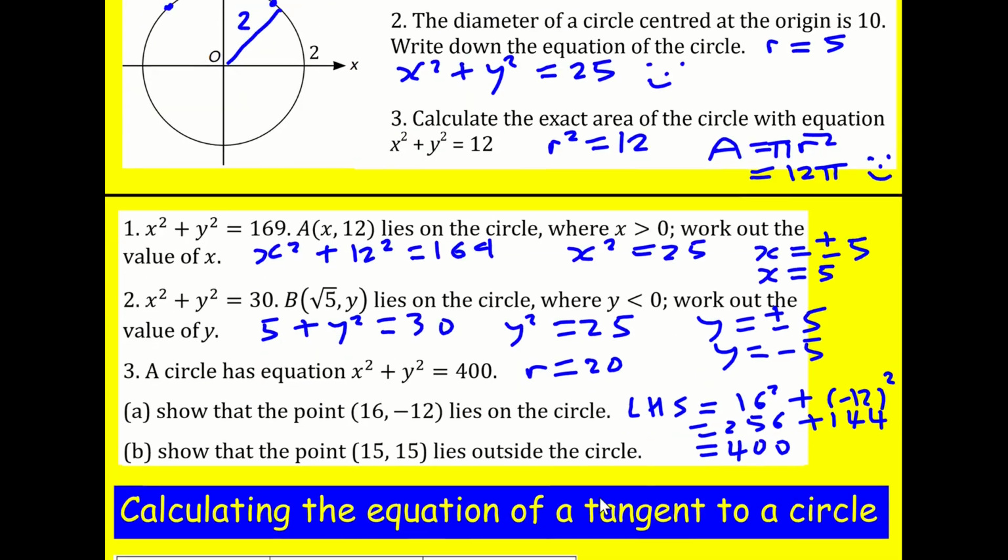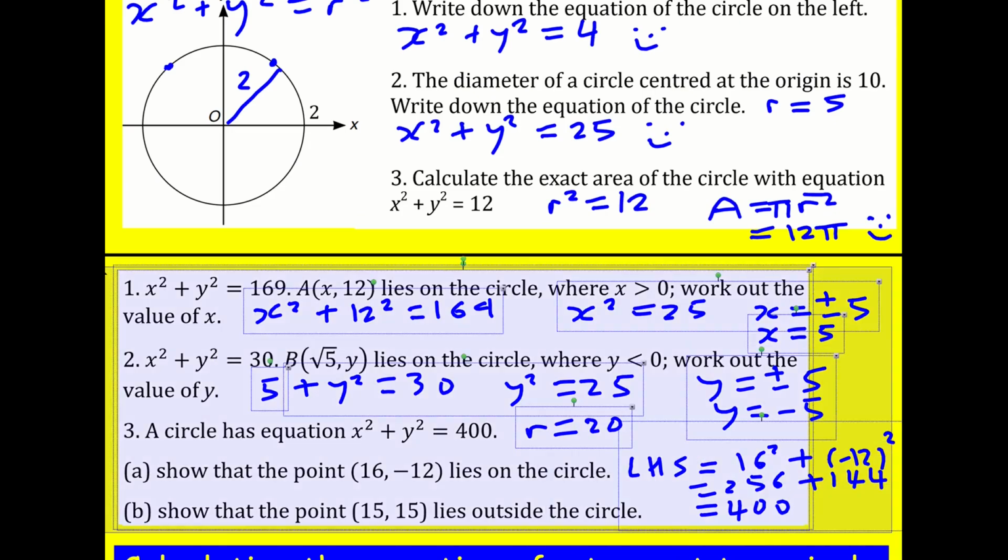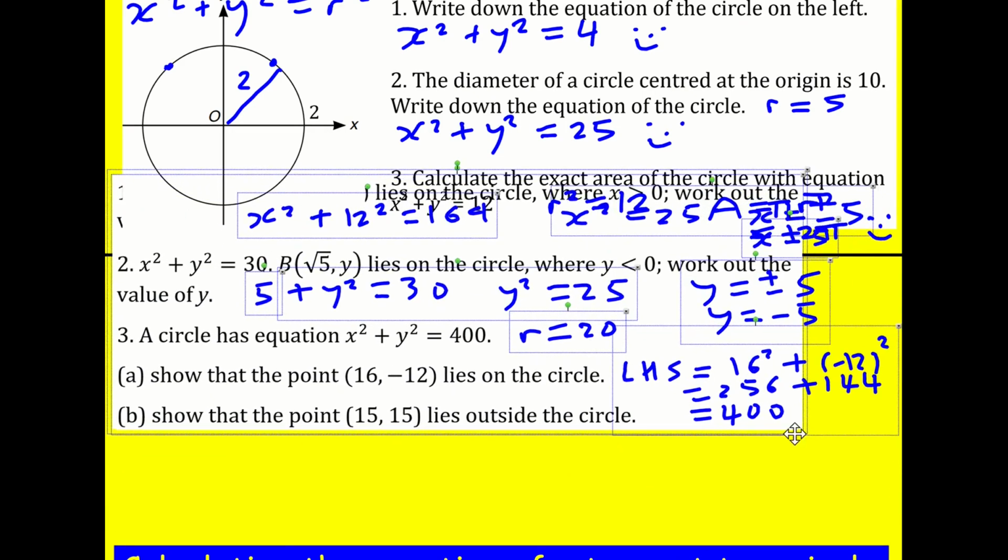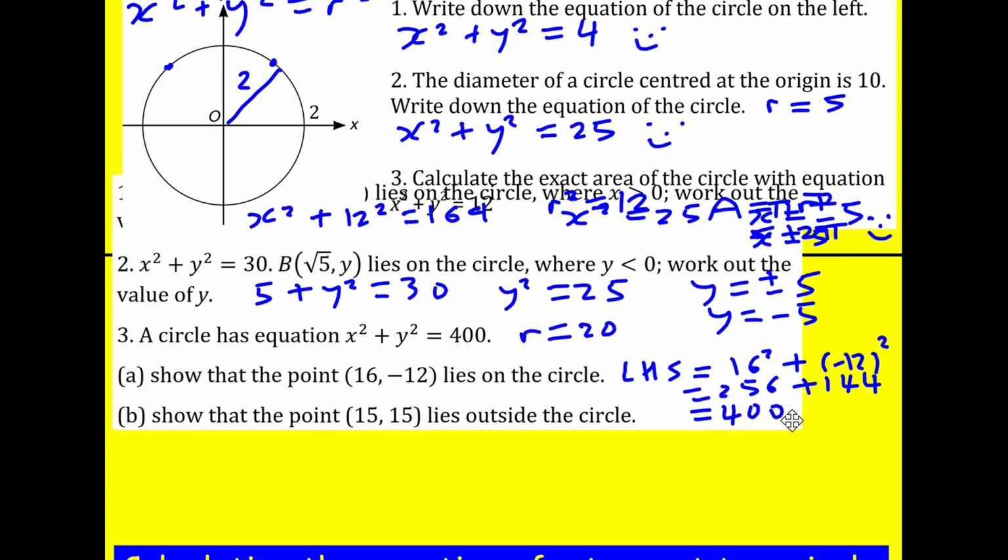And so, because I've got that, I could say it equals the right-hand side. So I should just write a conclusion, because it's a show that question. So (16, -12) lies on the circle. If it didn't equal 400, then we know it doesn't lie on the circle, but what we wouldn't have shown is whether it lies outside or inside.